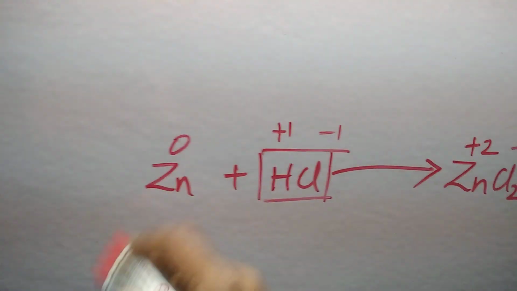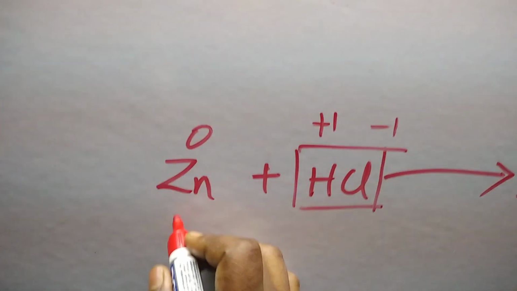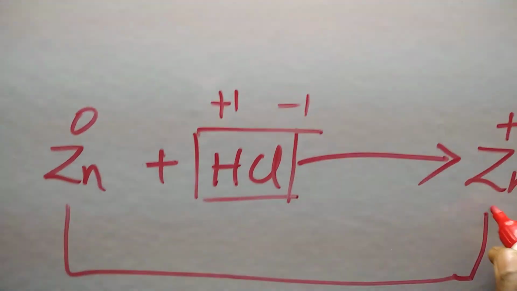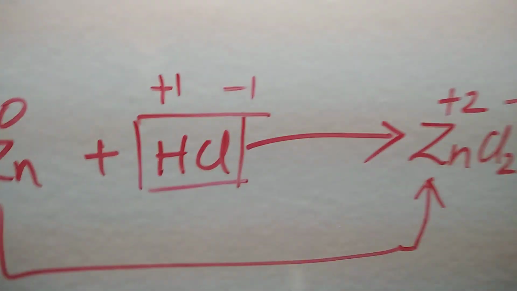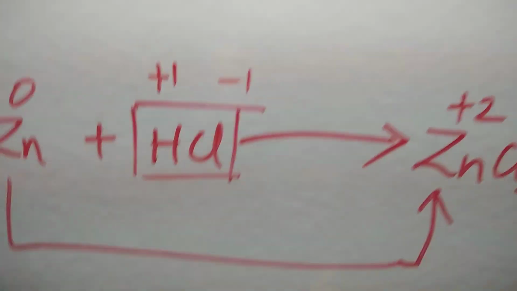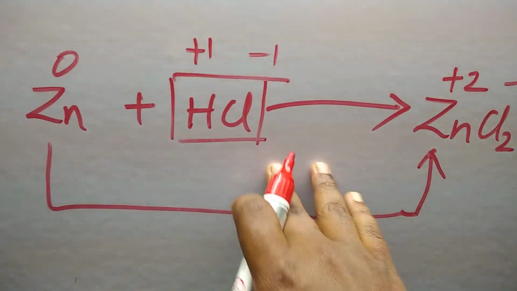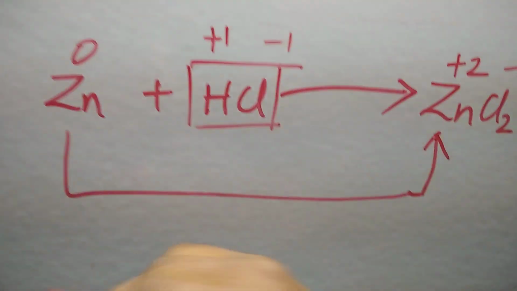See, zinc is 0, and what does it become in the product? +2. Yes, right? And here, I am showing the method.